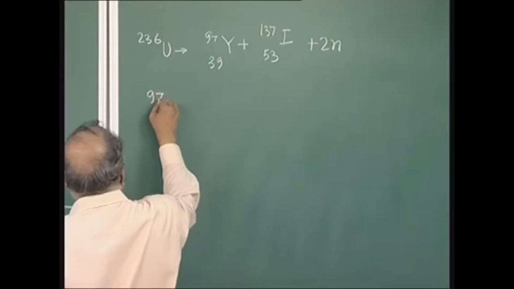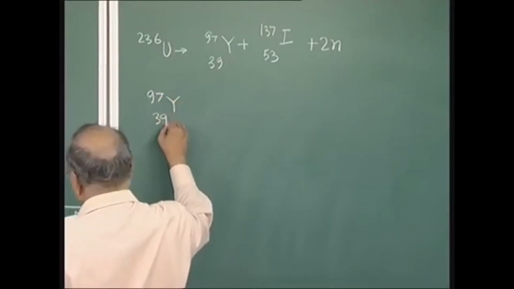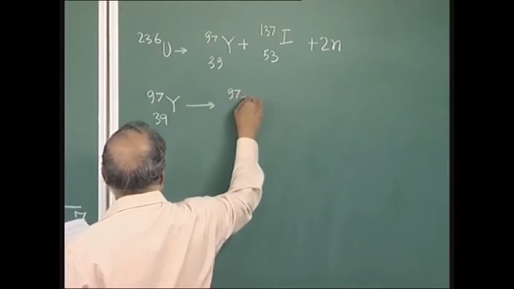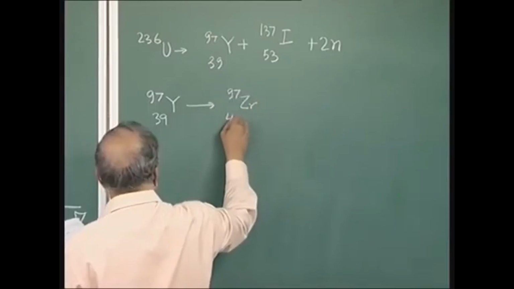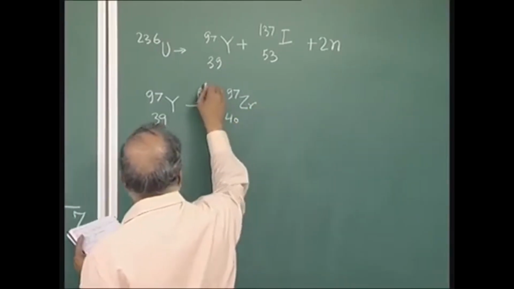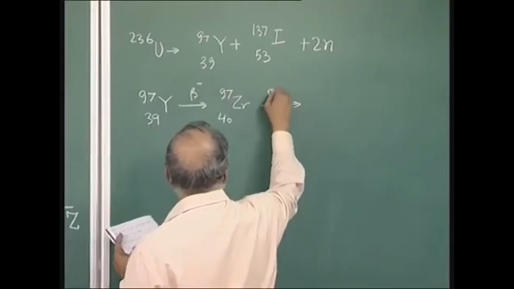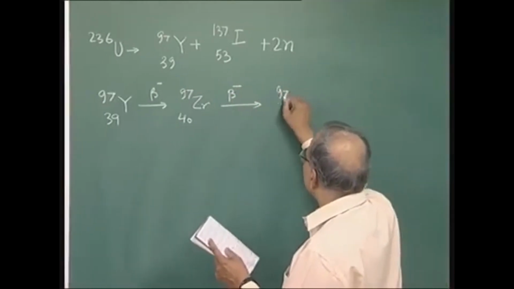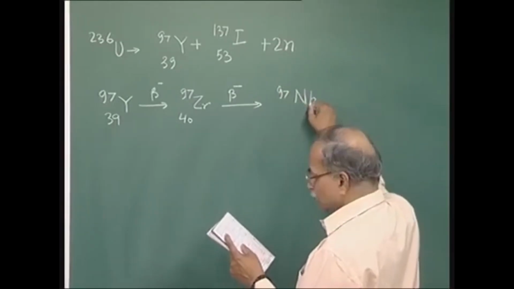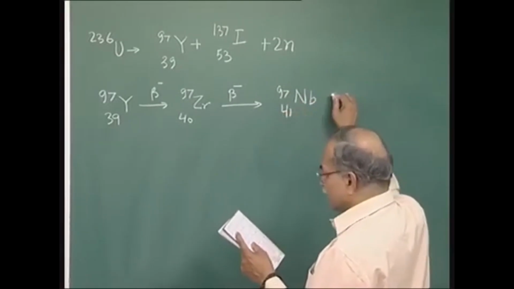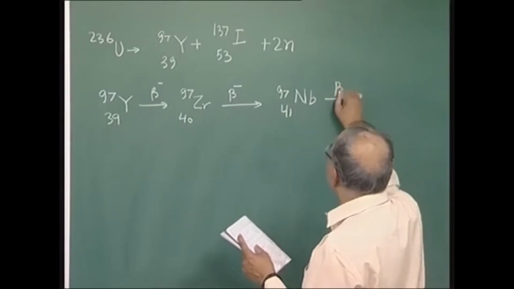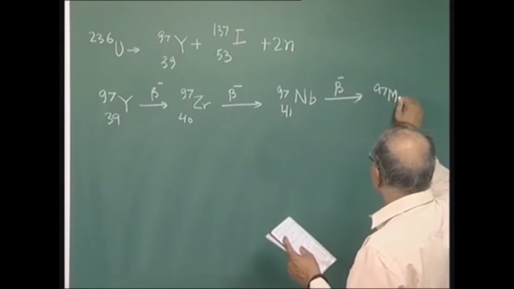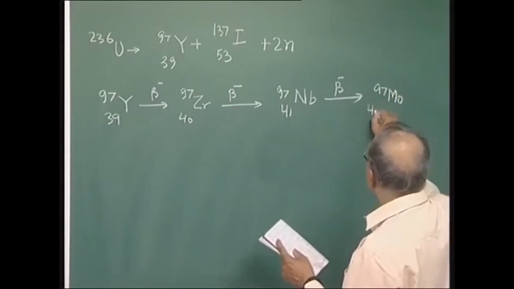Then this 97 Y 39 decays to 97 Zr 40, zirconium, by beta minus decay, and then this beta minus decays to 97 Nb, niobium 41, and that beta decays to 97 molybdenum, and that is stable.